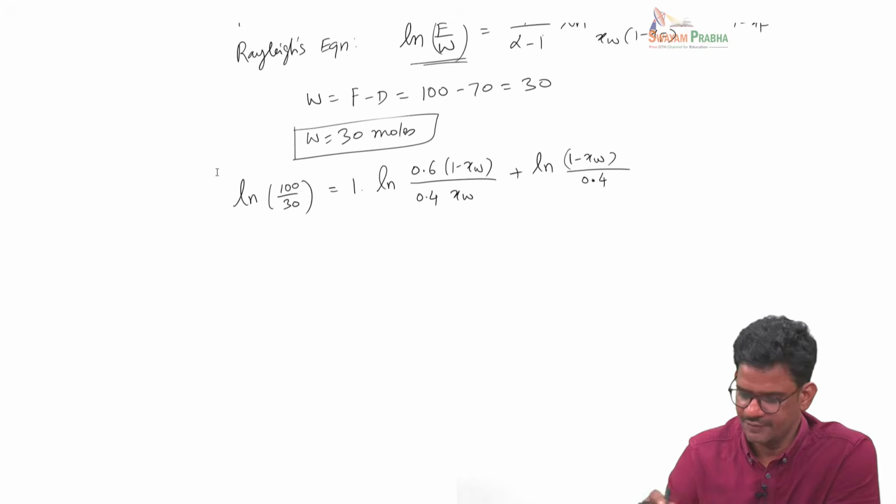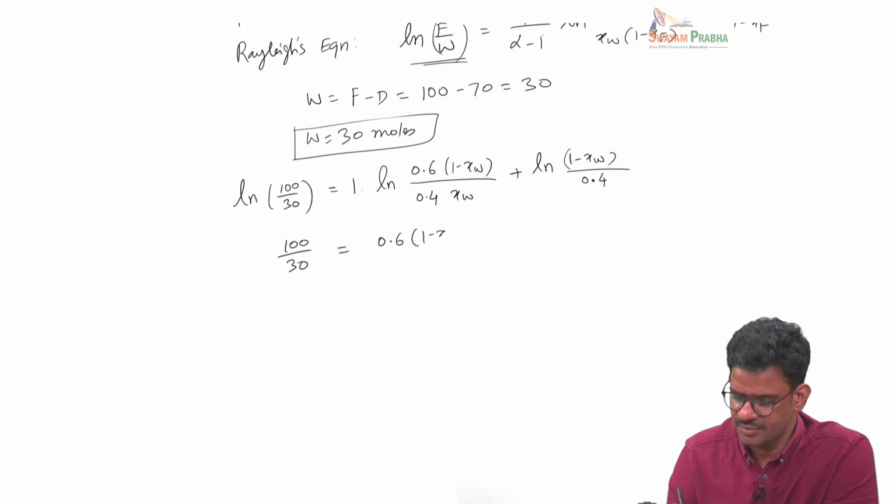Now everything is in logarithm, so we will write as the following: 0.6 times (1 minus XW) times (1 minus XW), over 0.16 XW.